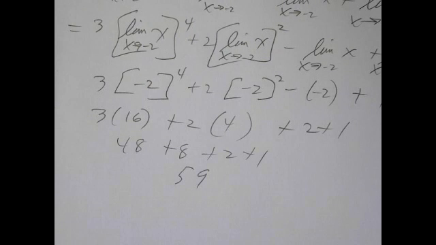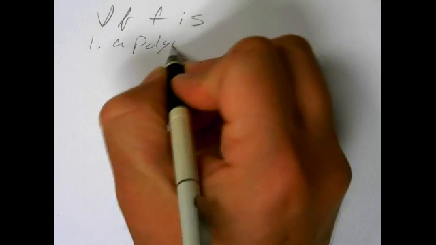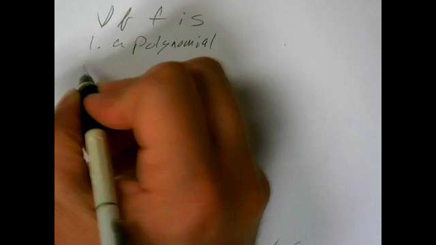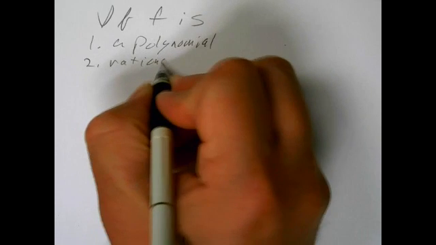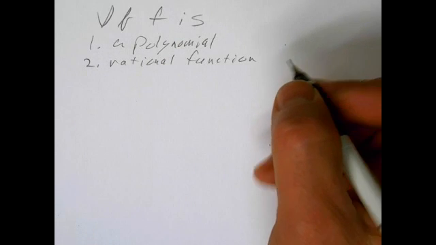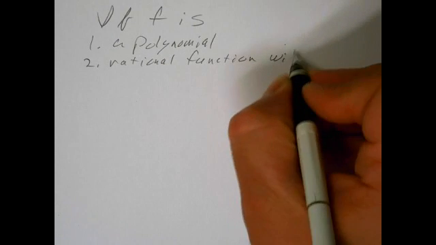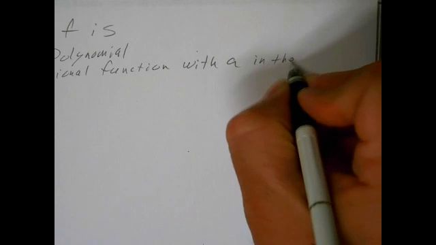So what I could have done, and what it tells me that I can do, is if f is, number 1, a polynomial, or number 2, a rational function, with a in the domain.